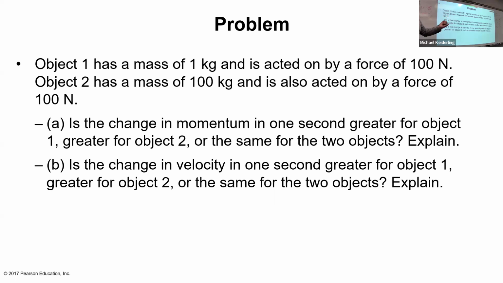Same force, same time. But the change in velocity will be different, because this is what the 100 Newton seconds is equal to. Either 1 kilogram times delta V, where delta V will then be 100 meters per second, so this is object 1.